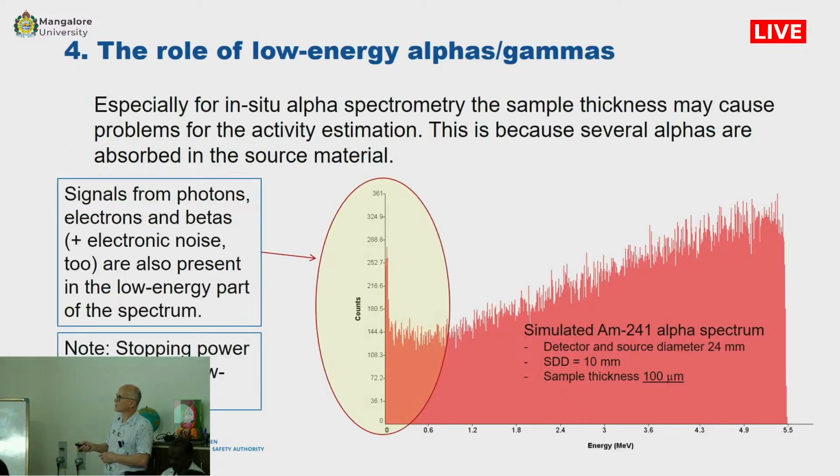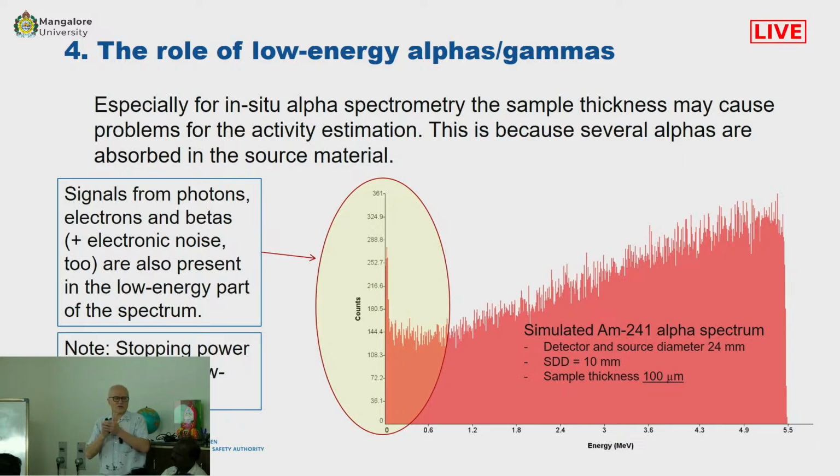All right, let's look at the role of low energy alphas or gammas. So, let's look at alphas first. This is the lower energy part of an alpha spectrum. This is for americium-241 and a very thick sample, 0.1 millimeter thick.